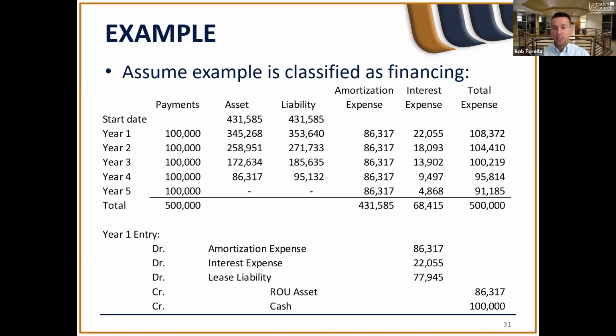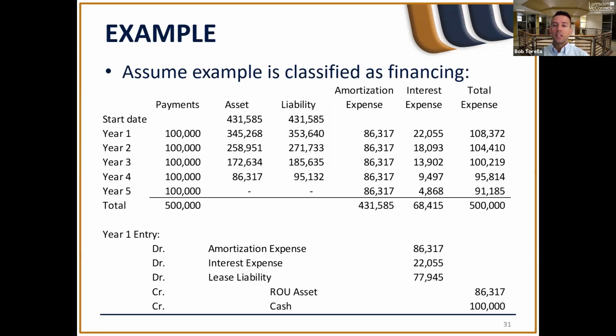Your lease liability, again at $431,000, is being unwound or reduced using the effective interest method. This is where you can see the interest component: the $22,000 recognized in year 1 is going to be higher earlier in the term compared to year 5, where the interest expense is only $5,000. It's the opposite on the liability: a smaller principal payment early on, and a larger principal payment towards year 5.